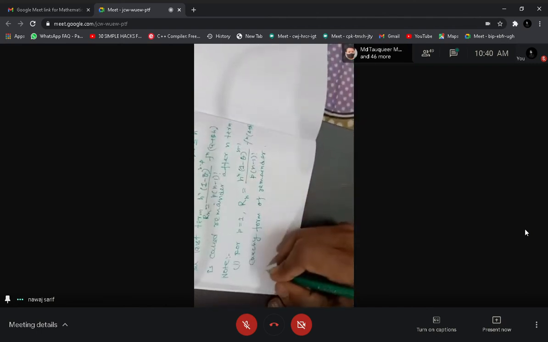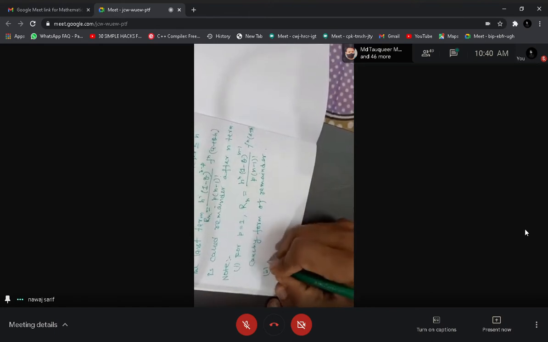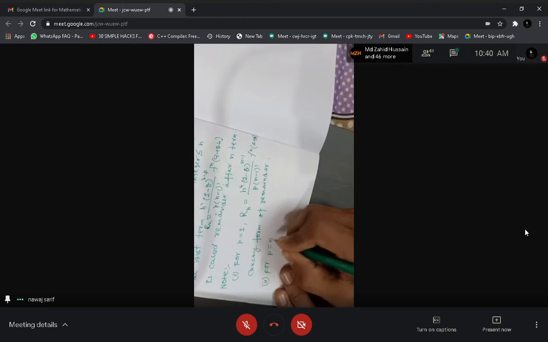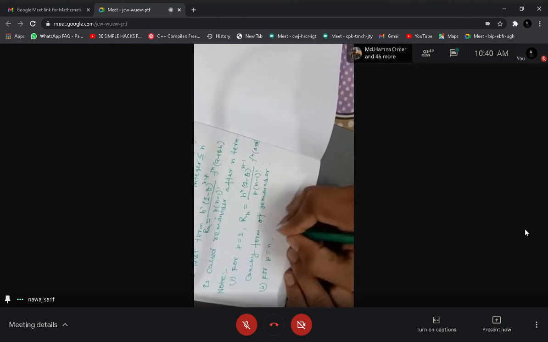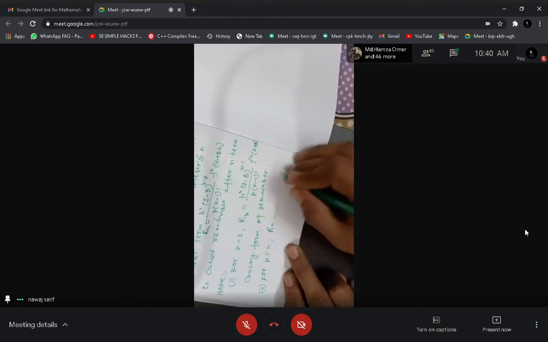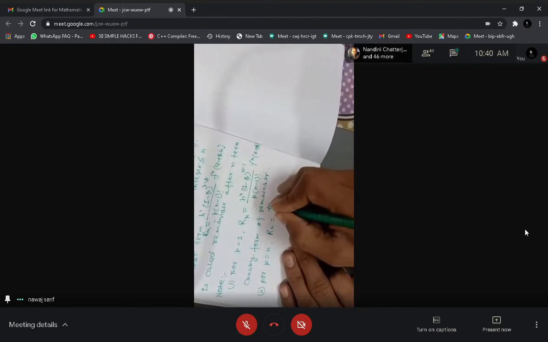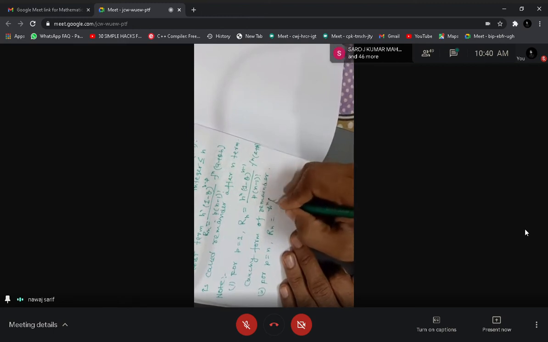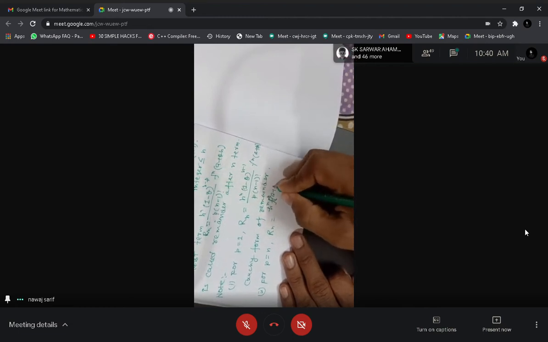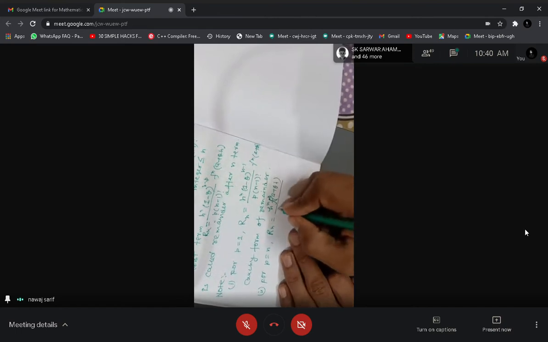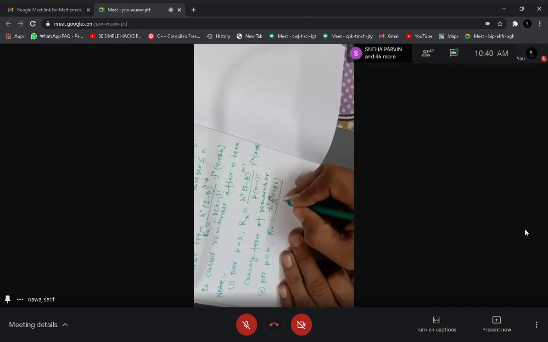Number 2, for p equals n, Rn equals h to the power n times f^n of (a plus theta h) divided by n factorial.